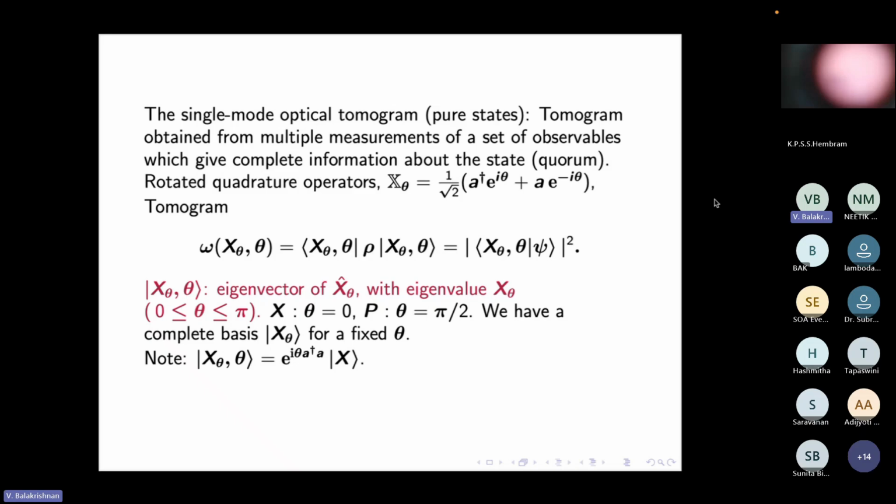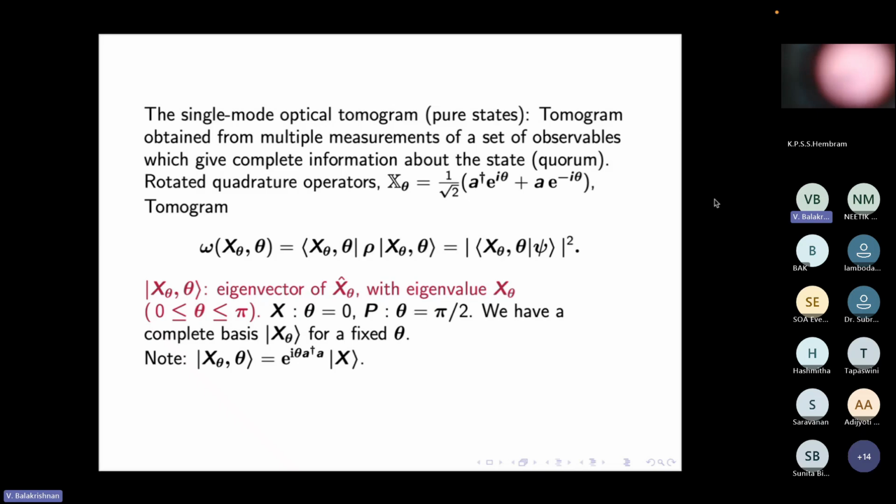You could make a generalization, and you have rotated quadrature operators, which I have defined there. So the quadrature is defined by this theta. So for each theta, you have a different quadrature, which means you're looking at a different tomographic slice. The tomogram itself is given below, W of x theta comma theta, which is the expectation value of the density matrix in a slice at an angle theta over a continuous set of values of x theta, where x theta itself can be got from x.